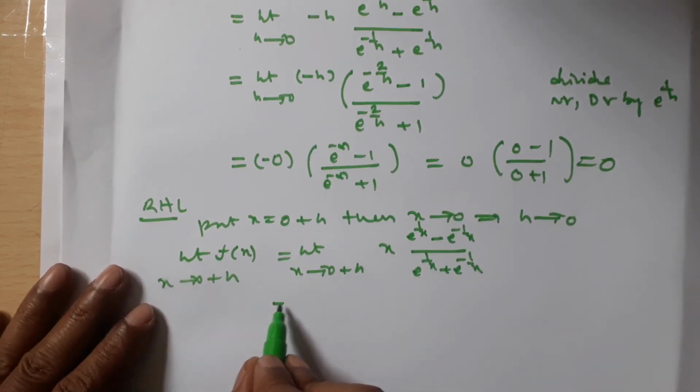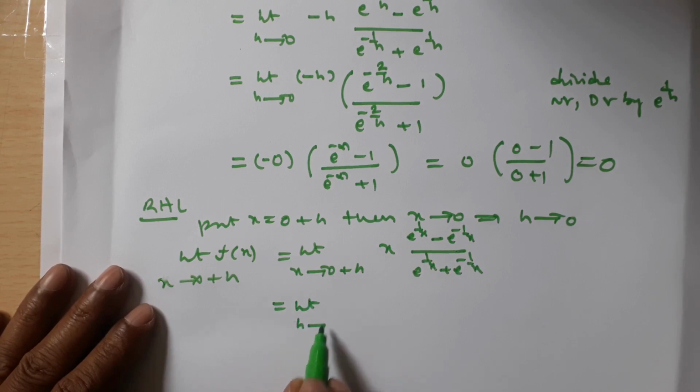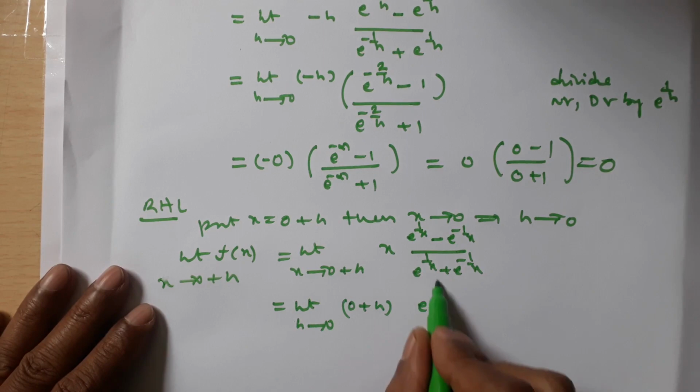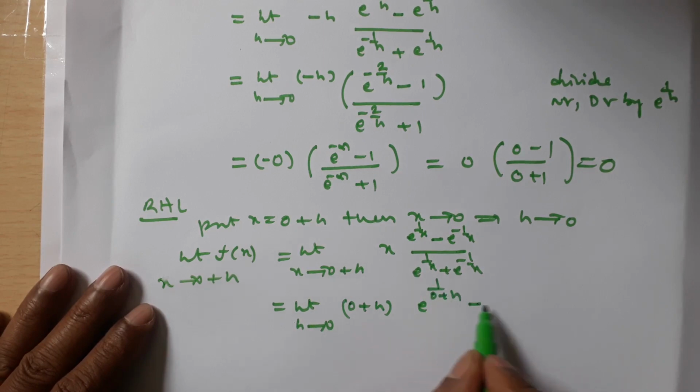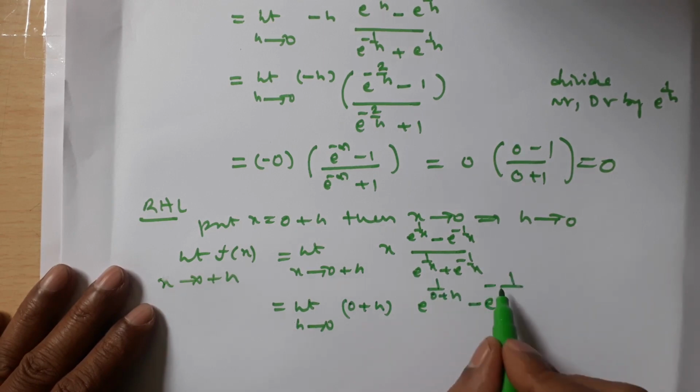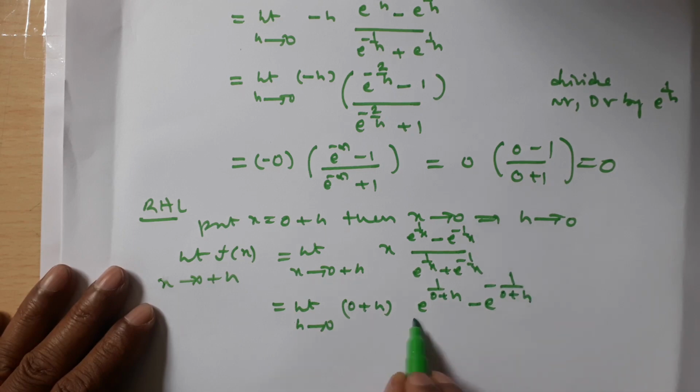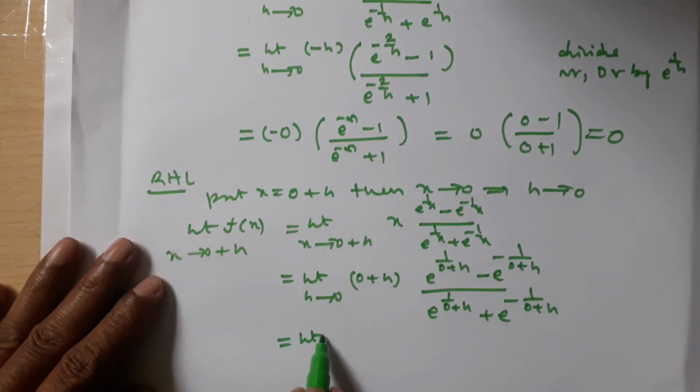So it is equal to limit h tends to 0 of (0 plus h) into (e power 1 by 0 plus h minus e power minus 1 by 0 plus h) divided by (e power 1 by 0 plus h plus e power minus 1 by 0 plus h).